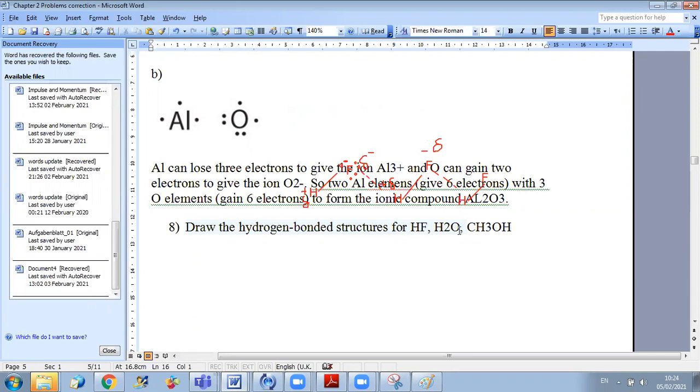So for H2O molecules, each oxygen will be connected to two hydrogens. So if I want to present it, let's say this is my first oxygen water molecule. So this is oxygen, and it's related to two H molecules, 1, let's say, and 2.